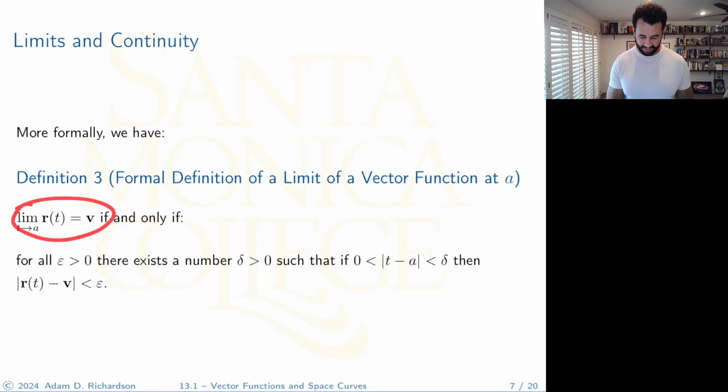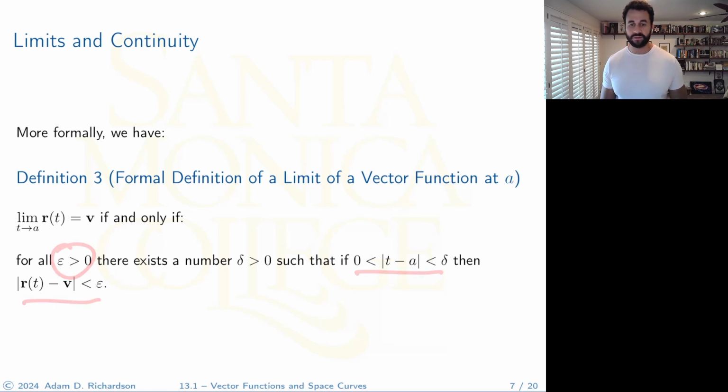We say that this limit of r of t as t goes to a is equal to the vector v if and only if, for all epsilon greater than 0, there's a delta greater than 0, such that if t is sufficiently close to a, then r of t is sufficiently close to v, in particular within this tolerance. And if you can get this relationship for all possible tolerances, then the limit exists. So it's the same idea from Calc 1, just now it's applied to vectors instead.